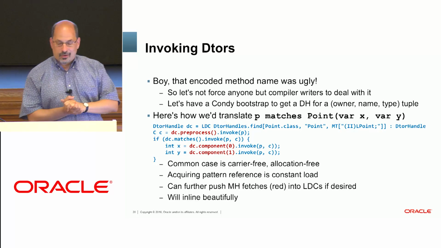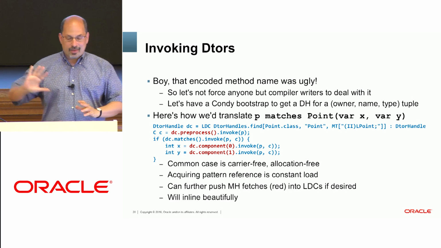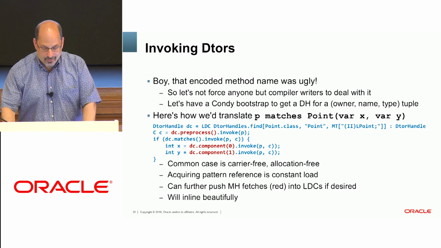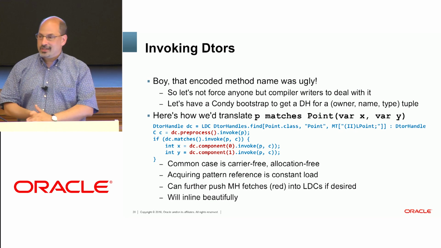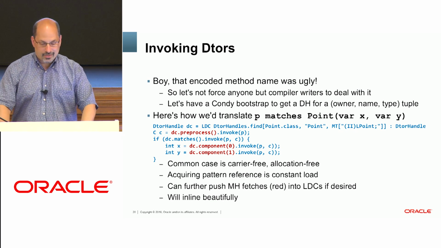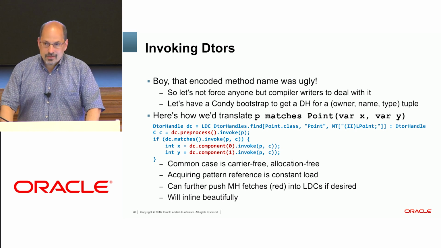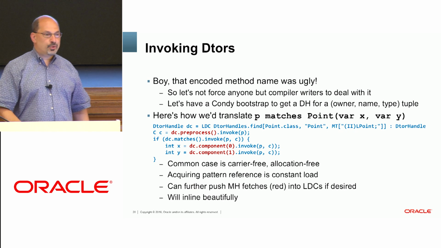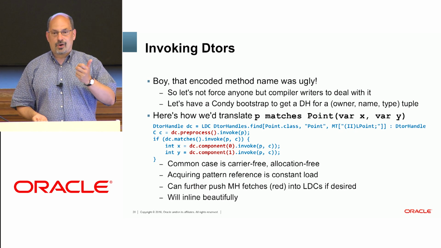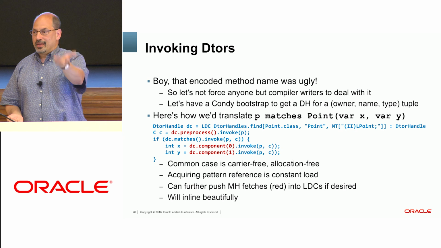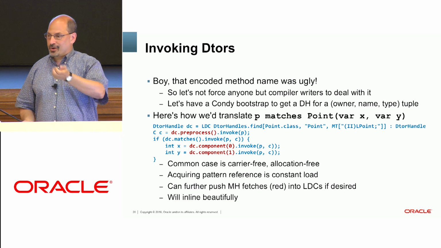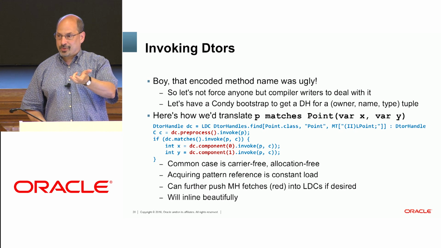Okay, what does invoking look like? Well, there's that ugly method, which, like I said, the user's never going to have to see. Compiler writers can deal with it, but we do that kind of stuff. And we have, again, a constant dynamic bootstrap whose arguments are the class name, the name of the deconstructor, and the method type that is its descriptor.